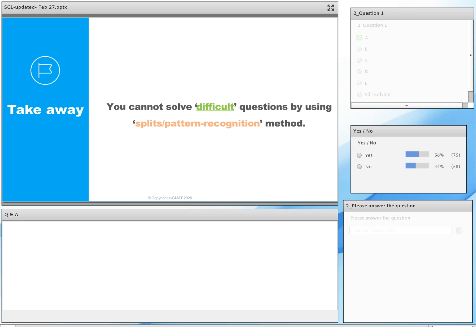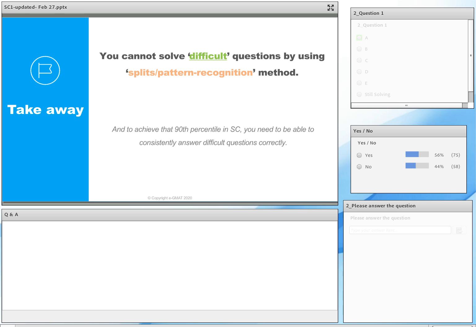So you cannot solve difficult questions by using this splits pattern recognition and only using grammar. It's not going to get you to that 90th percentile level that you want to get to. You have to use meaning first, and then you can use those tools of grammar to help you express that meaning in a correct manner.